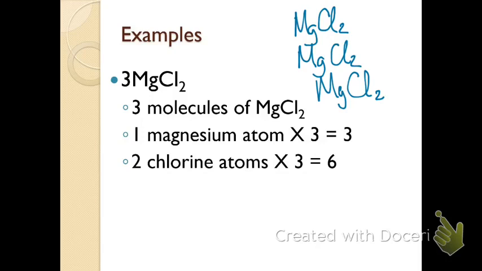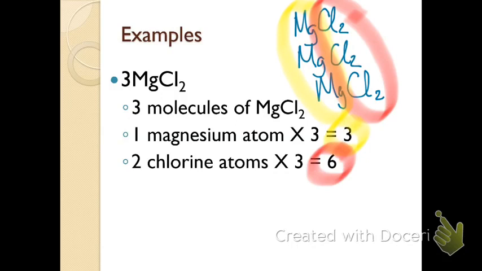And if you look at the total numbers, you'll notice that there are 3 magnesiums in these 3 magnesium chlorides total. And if we look at the chlorines, we see that there's a total of 6 chlorines in these 3 magnesium chlorides. So the number that you see here matches the number of magnesium chlorides, and the number you see here matches the number of chlorines.